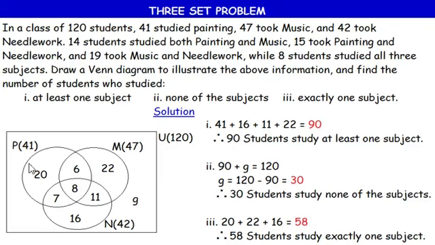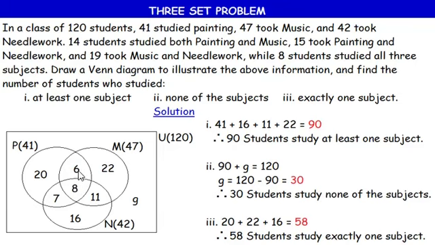So it means that when I come to P and M, this entire portion must be 14. This oval shape here must be 14. But then we know that 8 offer all the 3 subjects. So if this entire portion is 14 and here is 8, what will be here?